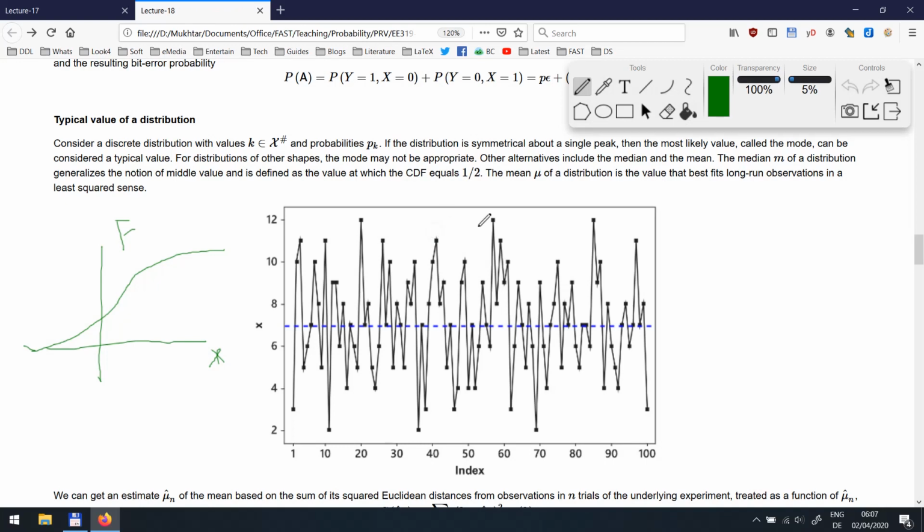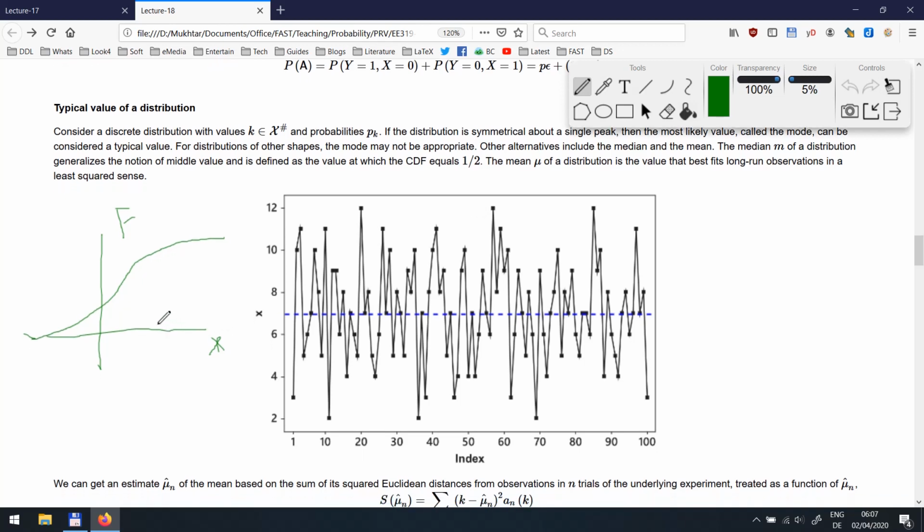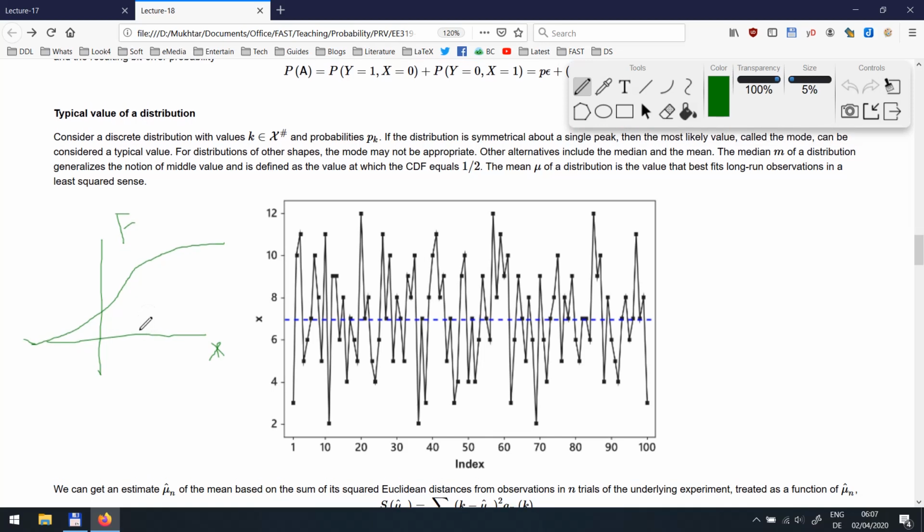So we get back to this CDF. Let's say this is the value, let's call it M, at which the CDF reaches 50%.